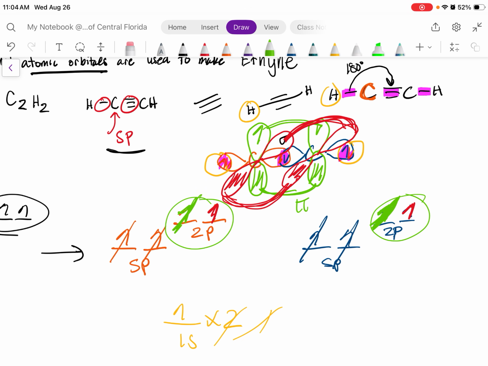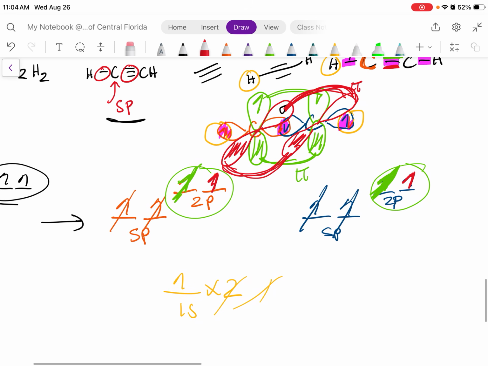That pi interaction is going to be represented right there. And then we have the red p orbitals interacting. That is also pi because it's side to side. And we can represent that at the very bottom.